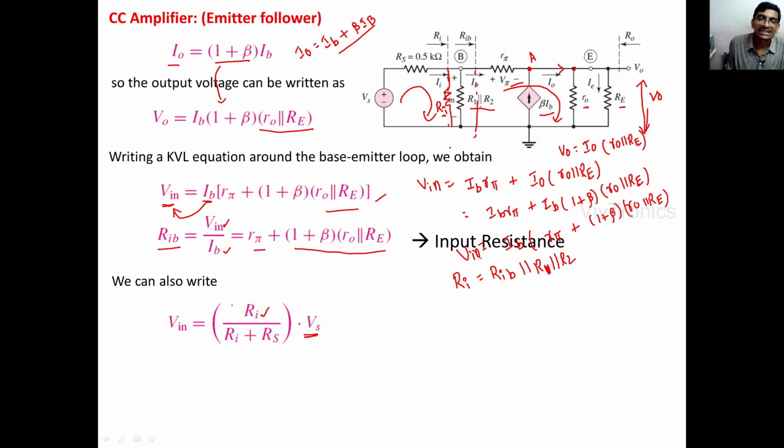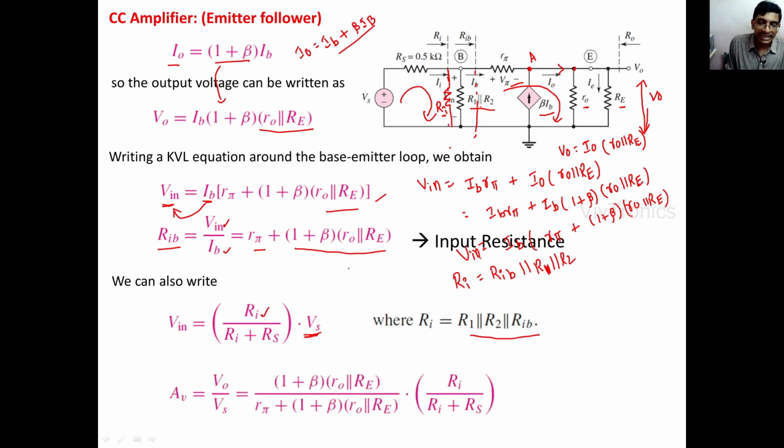By using the voltage division rule, we can write the voltage across the RI resistance as the applied voltage Vs into the resistance Ri divided by the total resistance Ri plus Rs, where Ri is nothing but R1 parallel R2 parallel RIB. Now we can get the voltage gain equation, which is the ratio of output voltage to input voltage.